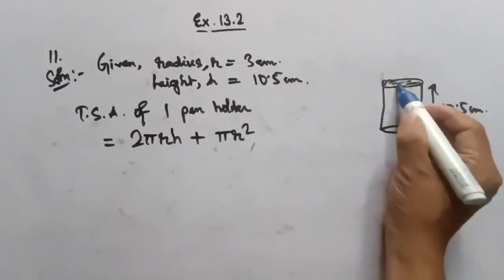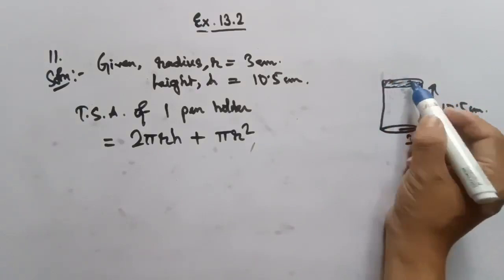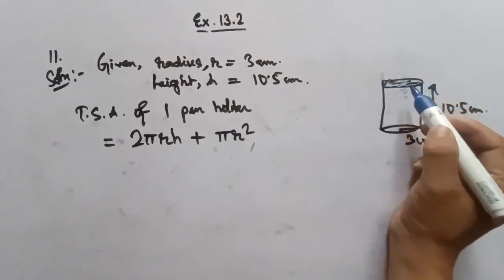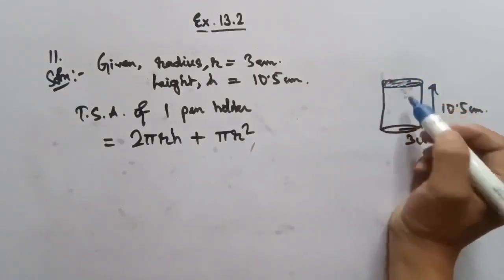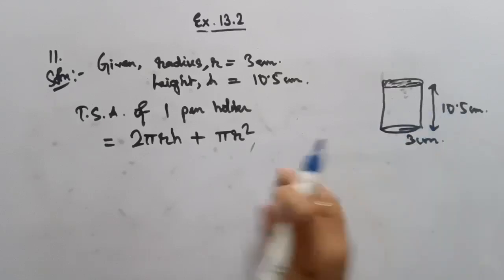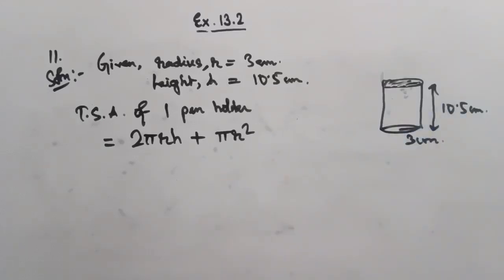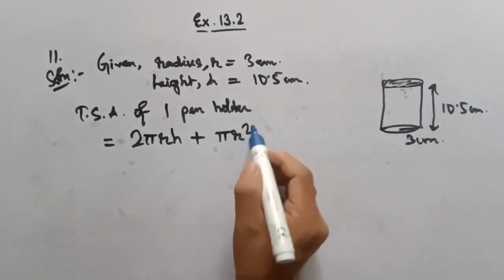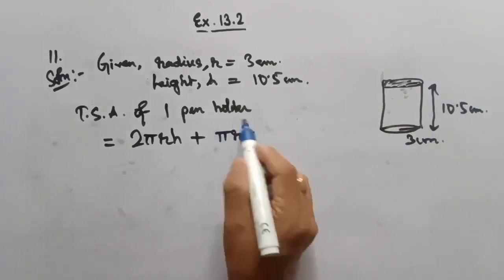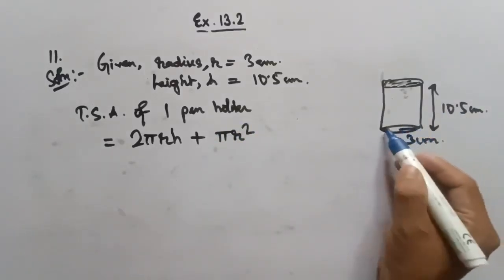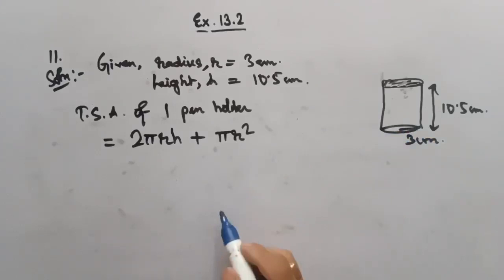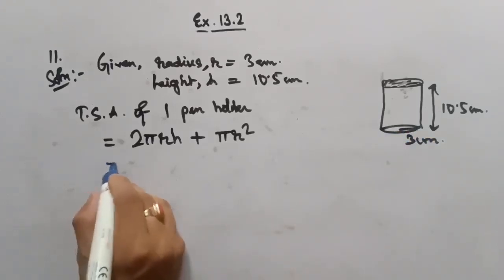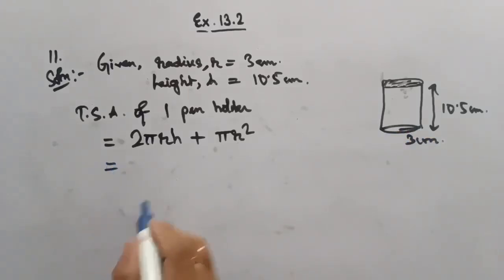The top part will be excluded because it will be open, as it is a pen holder. So we will find only the surface area of the base, which is pi r square.